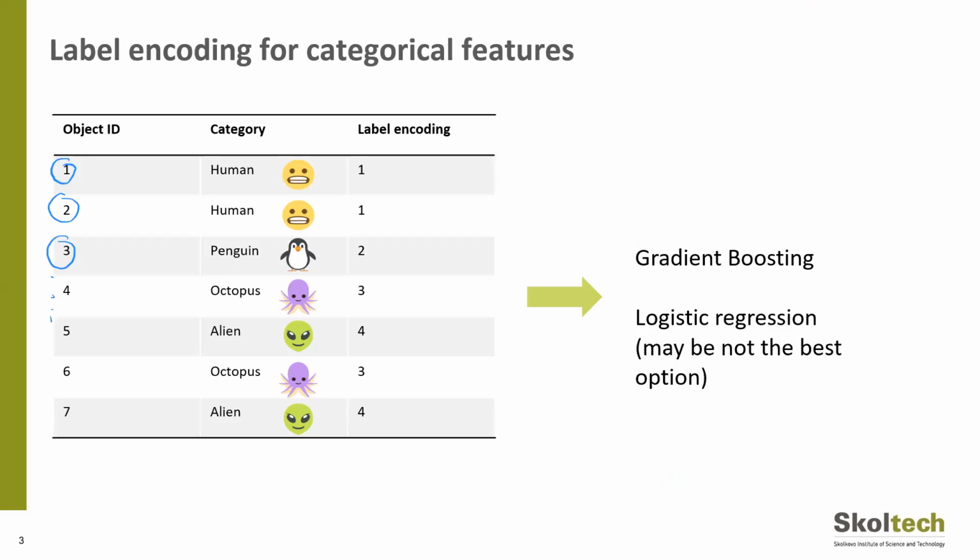For example, we know that the first 2 objects are humans. Then we have a penguin, an octopus, an alien, another octopus, and an alien. We can start with a mapping that maps each species to a particular number. So each human is 1, each penguin is 2, each octopus is 3, and so on.